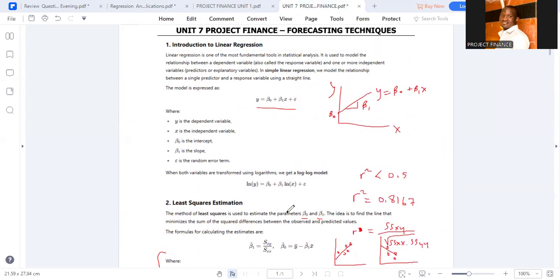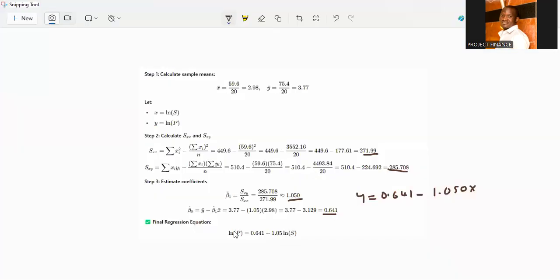So this simply means that in the equation, we're going to convert this to logarithmic form. So this would be ln P equals 0.641 plus 1.05 ln S. So this is our regression equation.